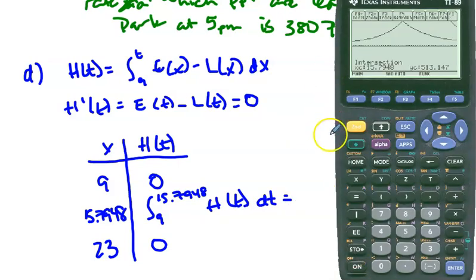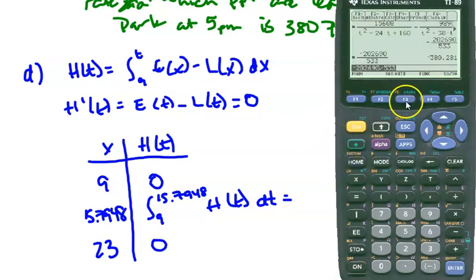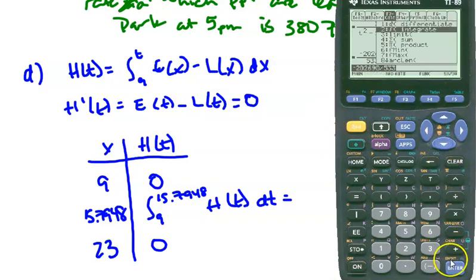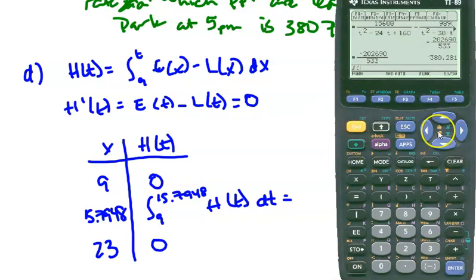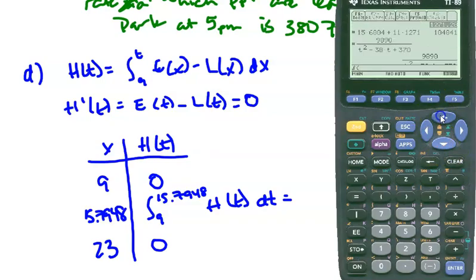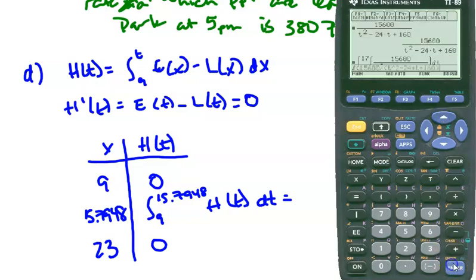So let's go ahead back to our home screen, and we are going to use the integrate E of t, which is our rate of entrance into the park. Go up and grab it. Way up, there we go. And I'm going to subtract out, actually I need to open up a parenthesis because I've got an expression going in here where I'm subtracting two expressions.